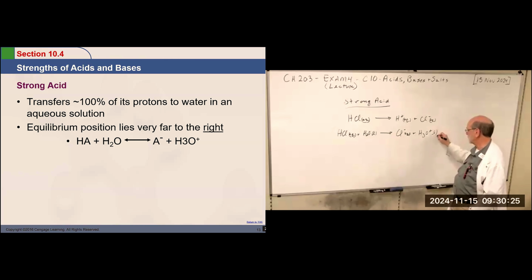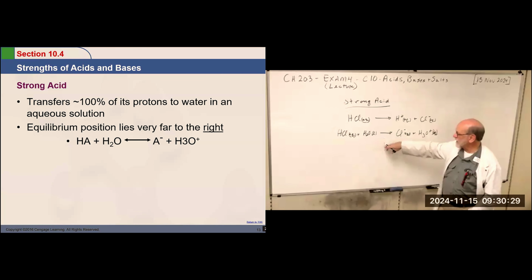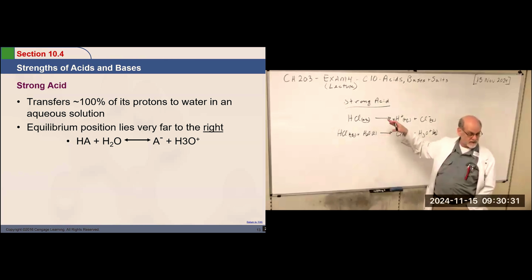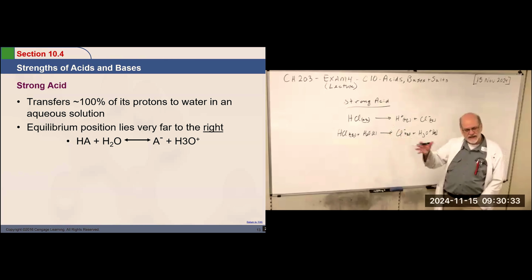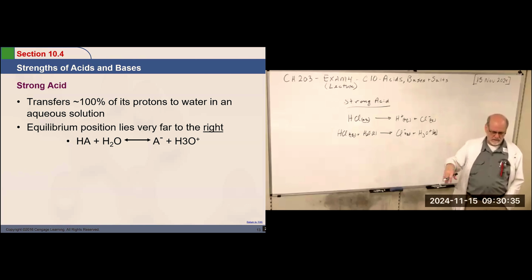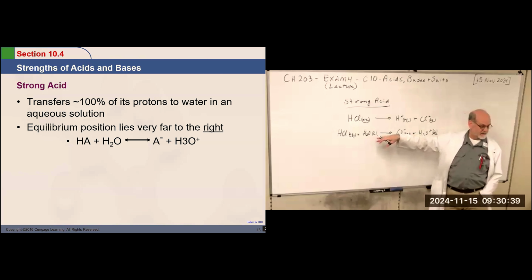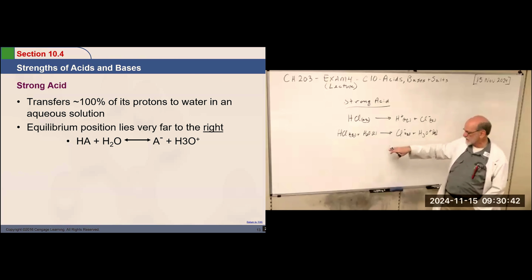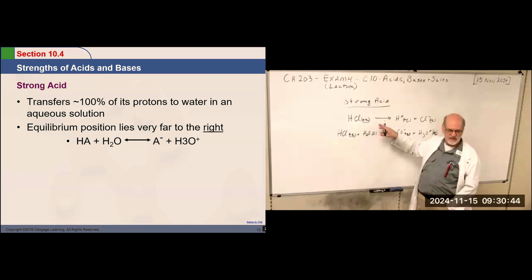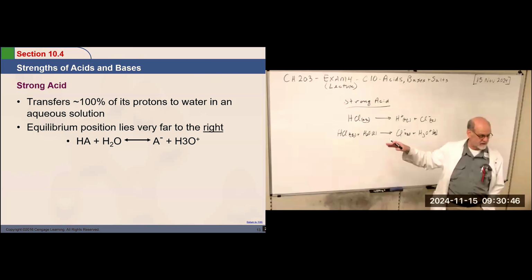That's the real chemistry. We write it the other way sometimes for convenience. If you have to do any calculations or any type of reactions, this works just as well. But I just want you to realize that this is the real chemistry and this is kind of a shorthand version.